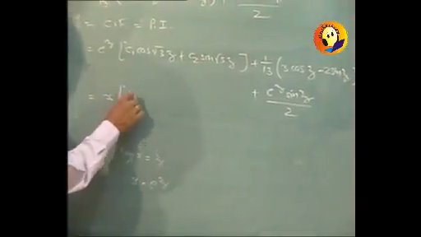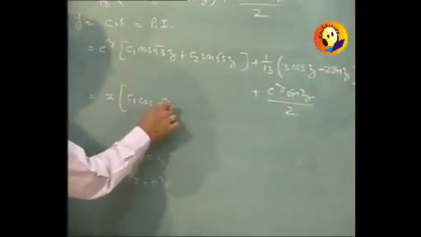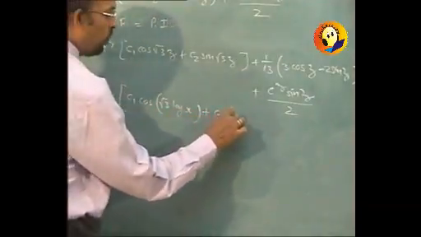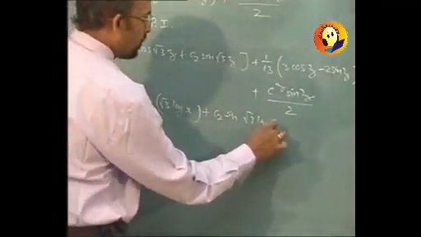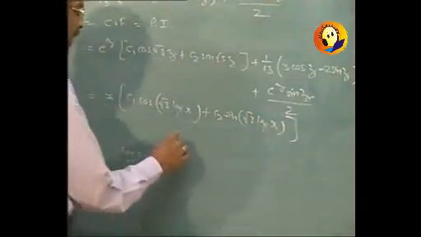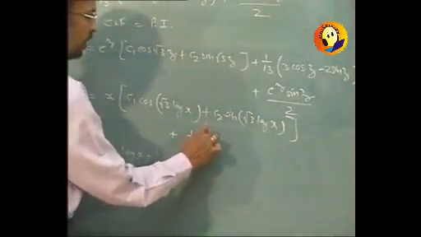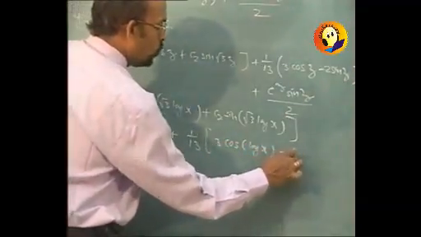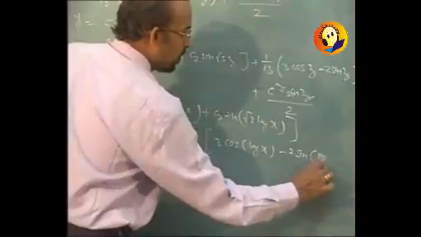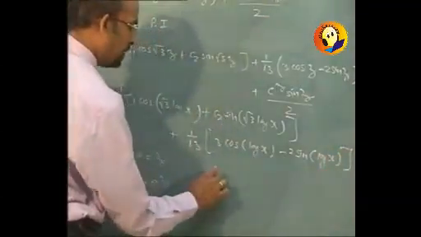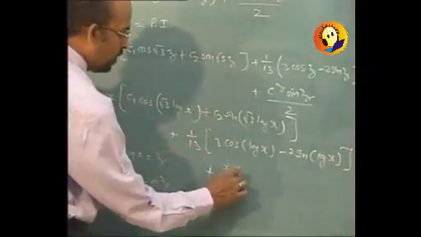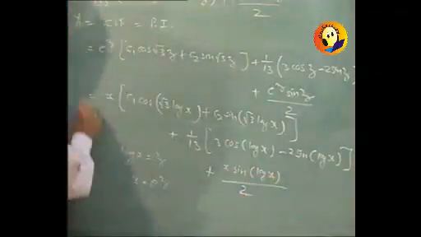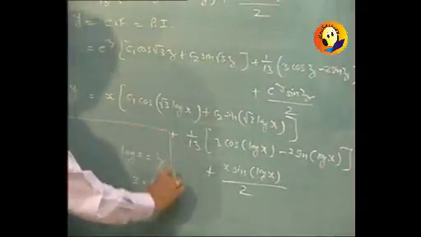So it is x into bracket C1 cos of root 3 log x plus C2 sin of root 3 log x, plus 1 by 13 into bracket 3 cos of log x minus 2 sin of log x, plus e raised to z is x into sin of log x upon 2. A bit lengthy answer.